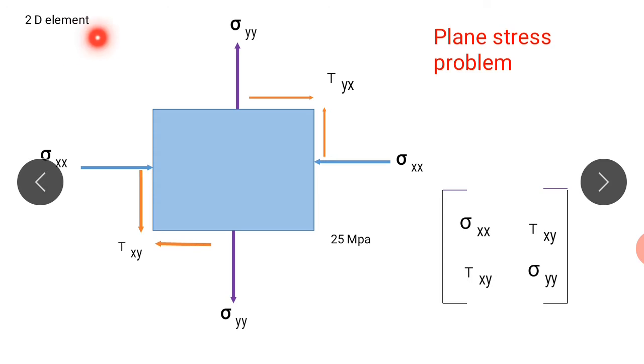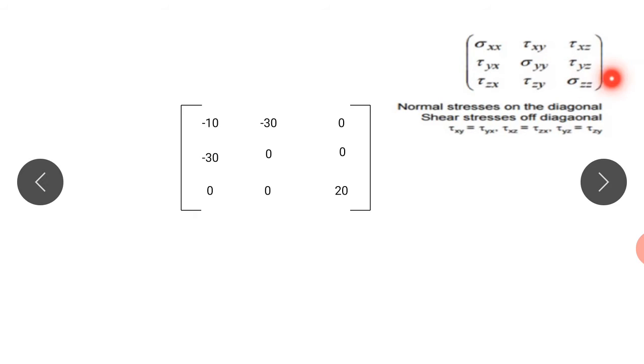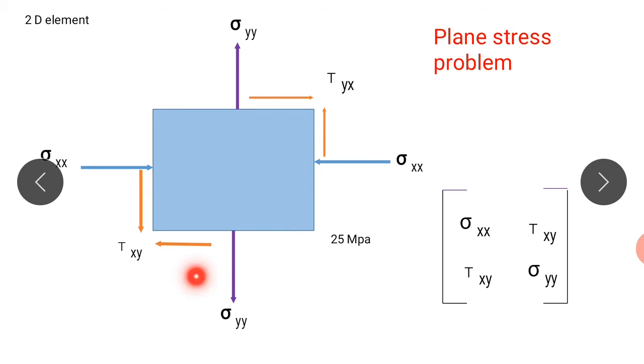Okay, a 2D element is known as a plane stress problem. All these z terms, tau xz, tau zx, sigma zz, should all be cancelled. As far as here we are not having a z axis, two dimensional means x and y, these two axes are sufficient, there is no z axis.